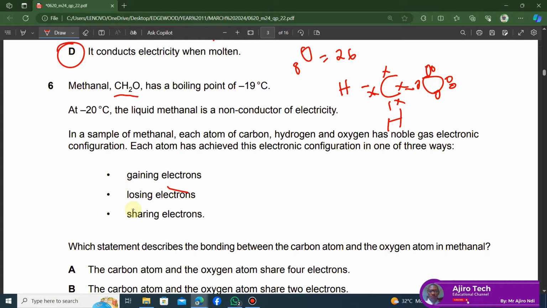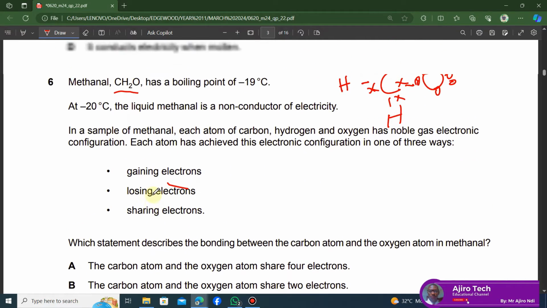All right, so if we look at this configuration now, we see that there are 2 unpaired electrons in oxygen. There are equally 2 unpaired electrons in carbon. So 2 electrons in carbon are unpaired, and 2 electrons in oxygen are equally unpaired. All right, so this is very important as we go to look at the answer.